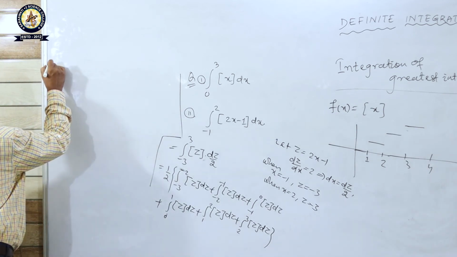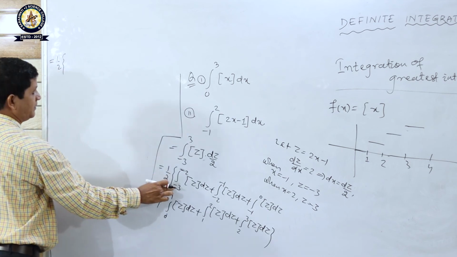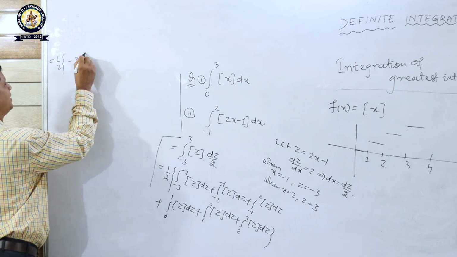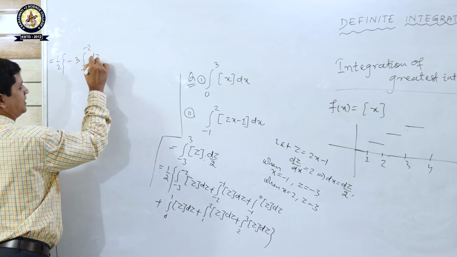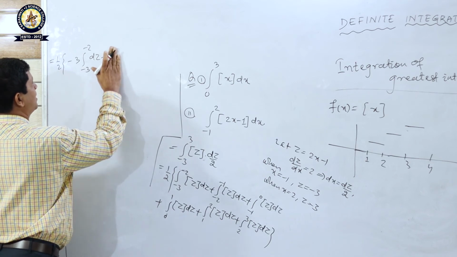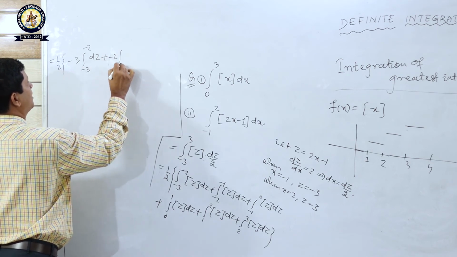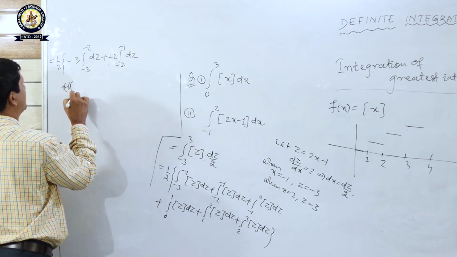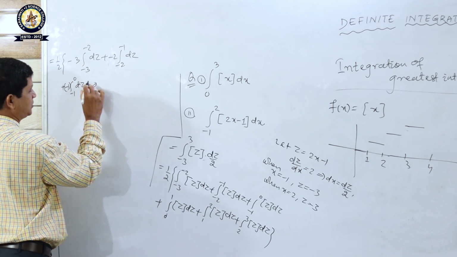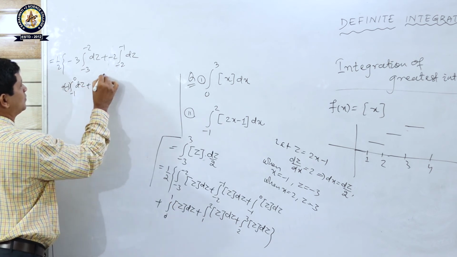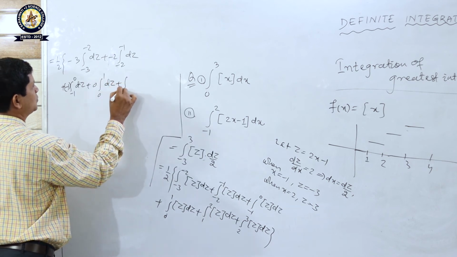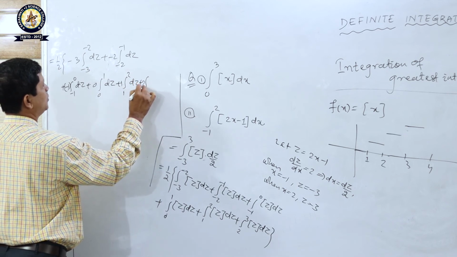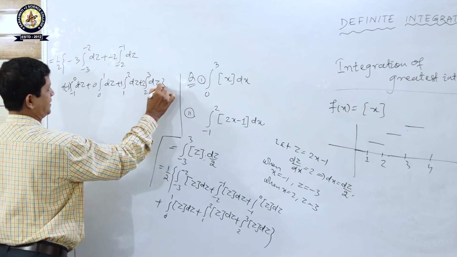Look at this, it is half into: in between minus 3 and minus 2, the greatest integral value is minus 3. So minus 3 into minus 3 to minus 2 dz, plus minus 2 into minus 2 to minus 1 dz, plus minus 1 into minus 1 to 0 dz, 0 into 0 to 1 dz, plus 1 into 1 to 2 dz, plus 2 into 2 to 3 dz.